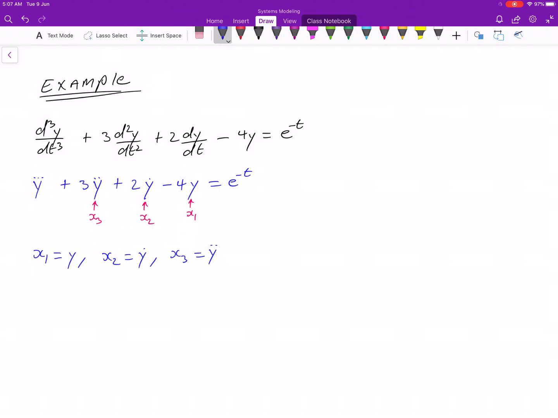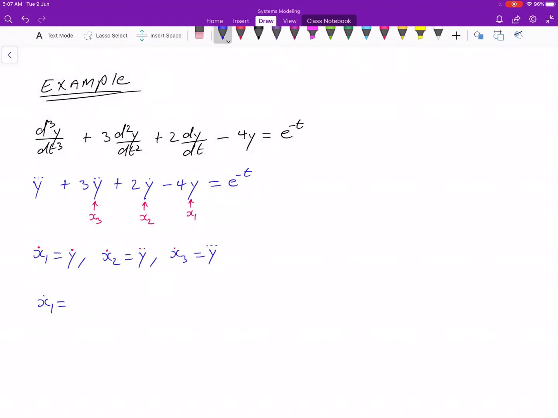Now we need to write the derivative of each state variable. So we can say x1 dot is equal to, let me just do it in a red pen again. I'll put a dot there, a dot there, another dot there, and there. Okay, I hope that is visible.